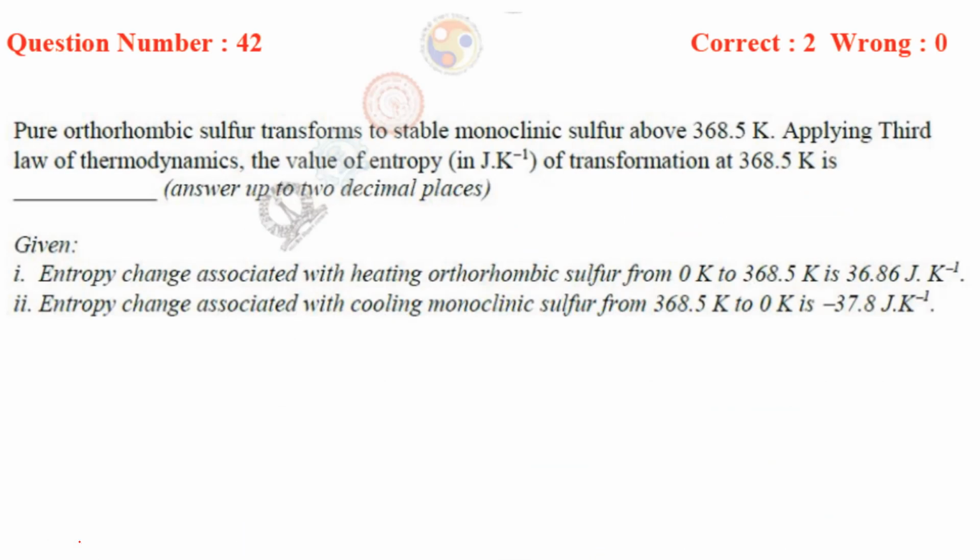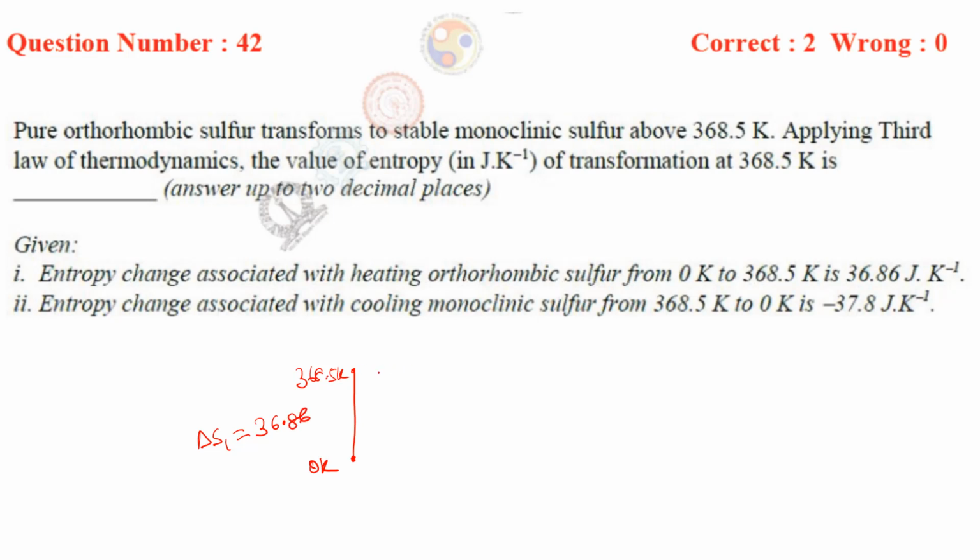Okay, next question. Pure orthorhombic sulfur transformed to stable monoclinic sulfur above 368.5 Kelvin. Applying third law of thermodynamics, the value of entropy of transformation at 368.5 Kelvin is. The entropy change associated with heating orthorhombic sulfur from 0 Kelvin, now here it is at 0 Kelvin, heating to 368.5 Kelvin, is delta S1 equal to 36.86.